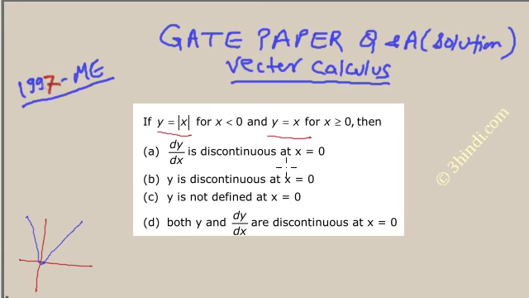So dy over dx is discontinuous, because on one side the slope is negative and on the other side the slope is positive. y is not discontinuous, only dy over dx is discontinuous, because here the slope is minus 1 and here the slope is 1. If you plot the slope dy over dx, it is something like this, so it is discontinuous.